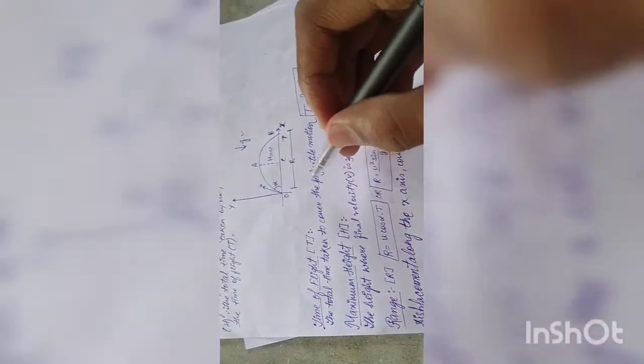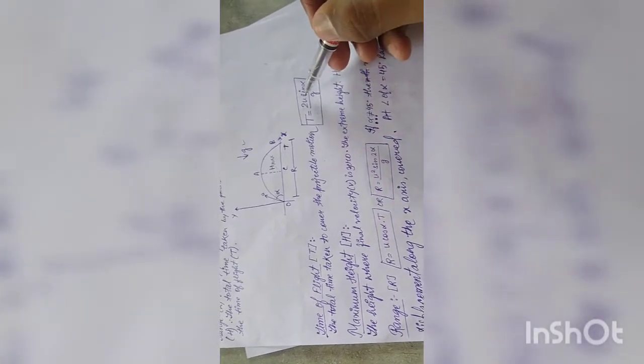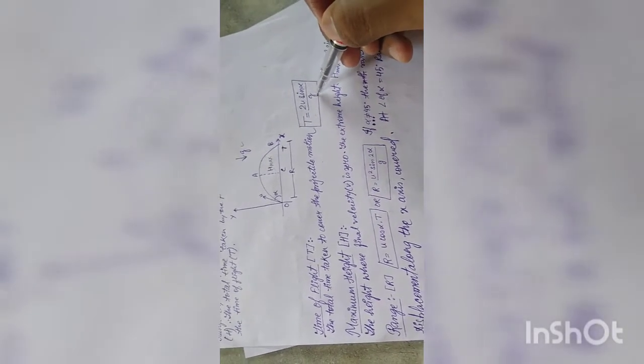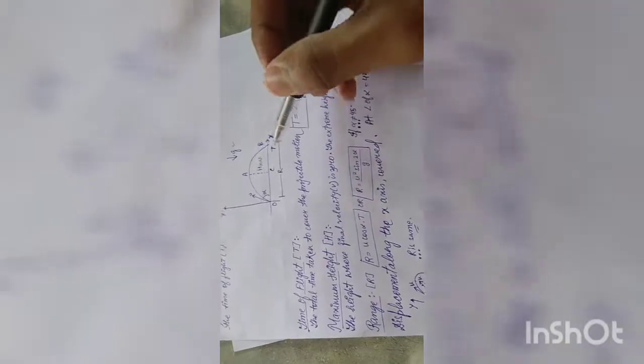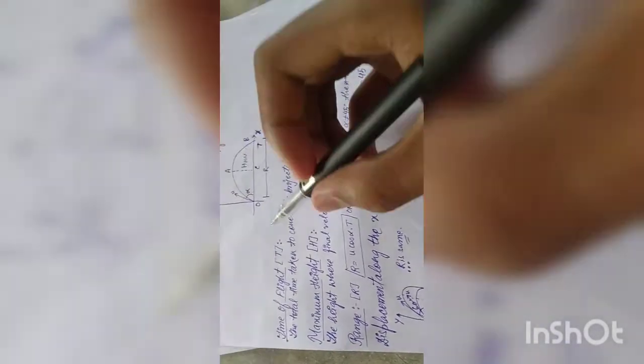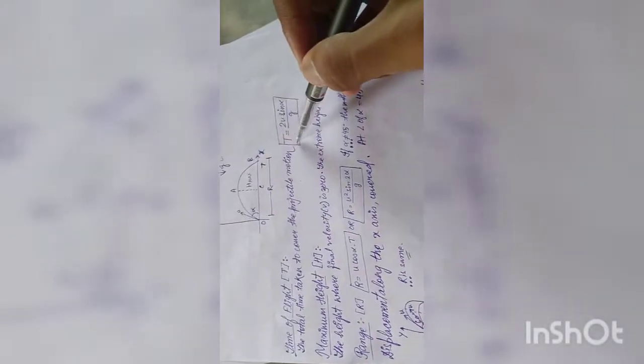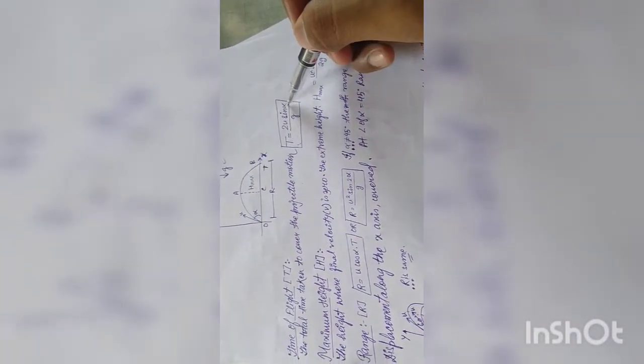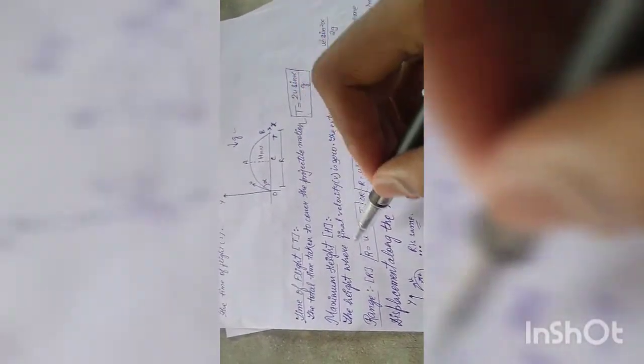So the time of flight, the total time taken to cover the projectile motion, is t equal to 2u sine alpha by g. I'll put the derivation in the next video if it's really required. Maximum height is where the final velocity is 0.